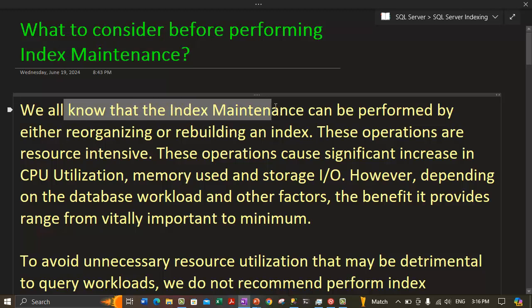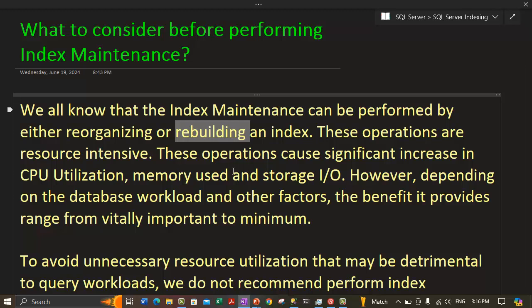We all know that index maintenance can be performed by either reorganizing or rebuilding an index. So basically, how do we perform index maintenance on the indexes? We reorganize the index or we rebuild the index. If you're not sure about what reorganizing or rebuilding an index is, you can watch my previous videos.